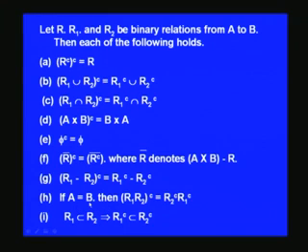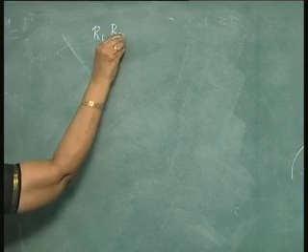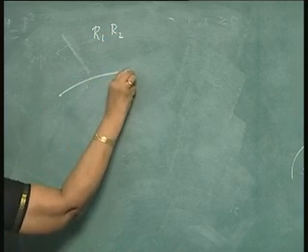If A is equal to B, then (R1 R2)^C is equal to R2^C R1^C. This you can see like this. A is equal to B, so R1 and R2 are binary relations on A. So, R1 R2 is represented like this.